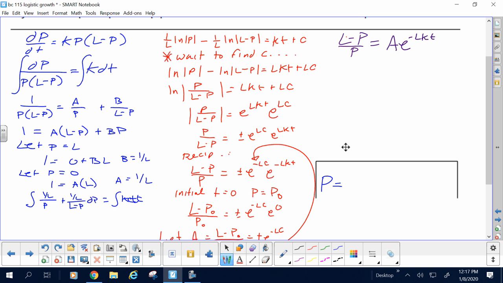So after I found the initial, I'm going back to the general equation, and I'm plugging in an A in place of that big mess of a coefficient. You with me? Okay.